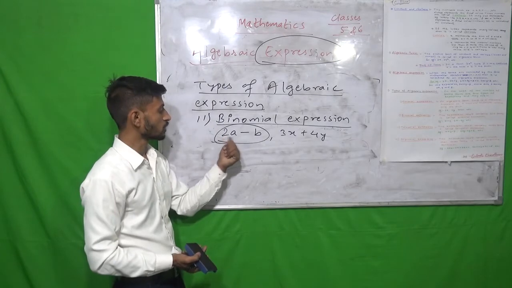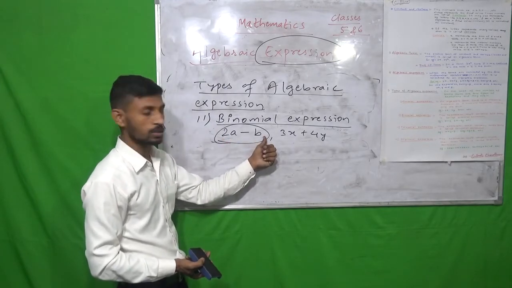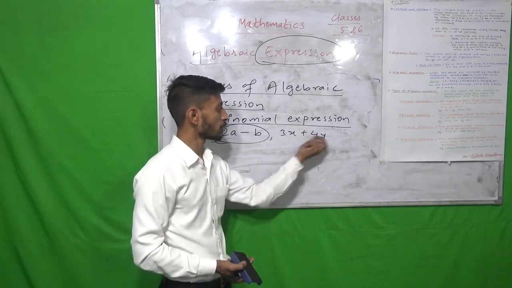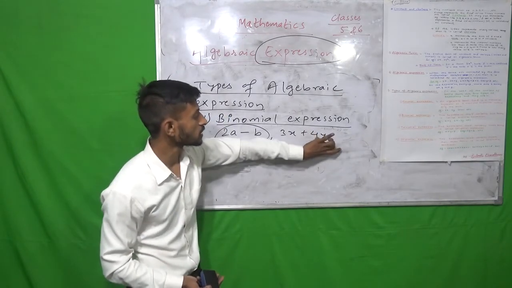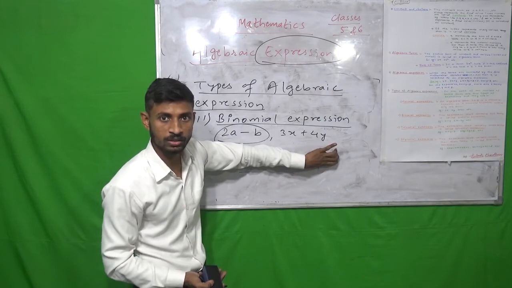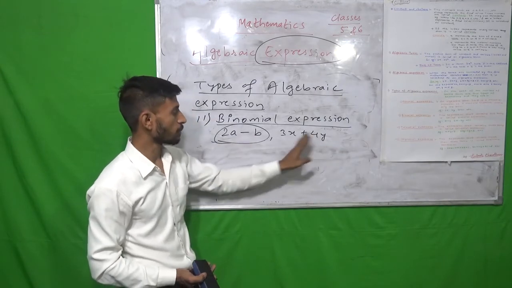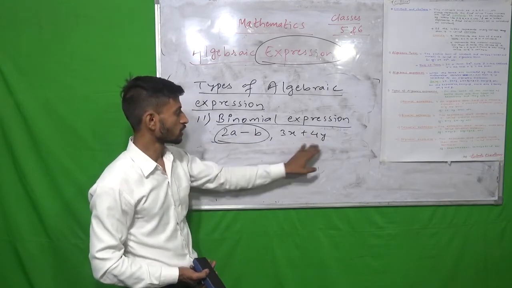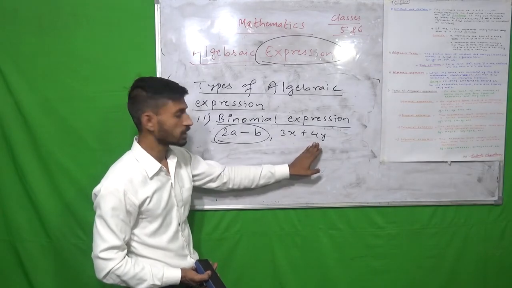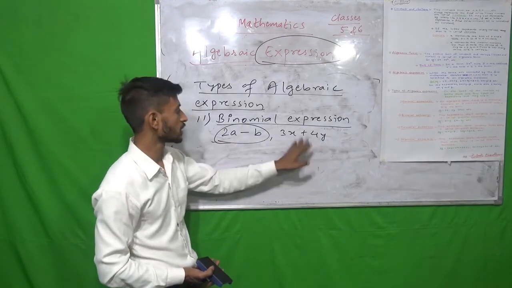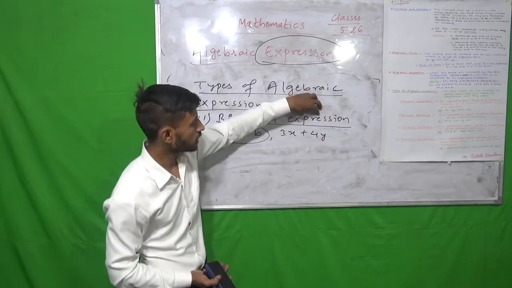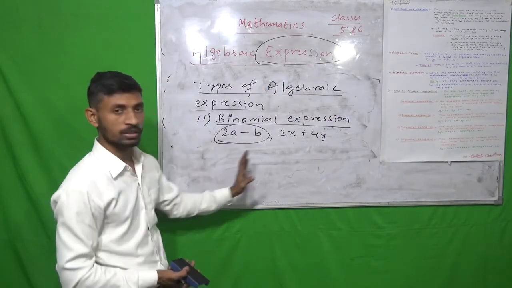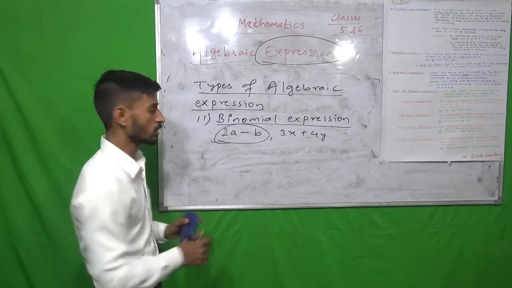Here before minus 2a, after minus b, before plus 3x and after plus 4y. If there are two terms in the expression, then it is called a binomial expression.